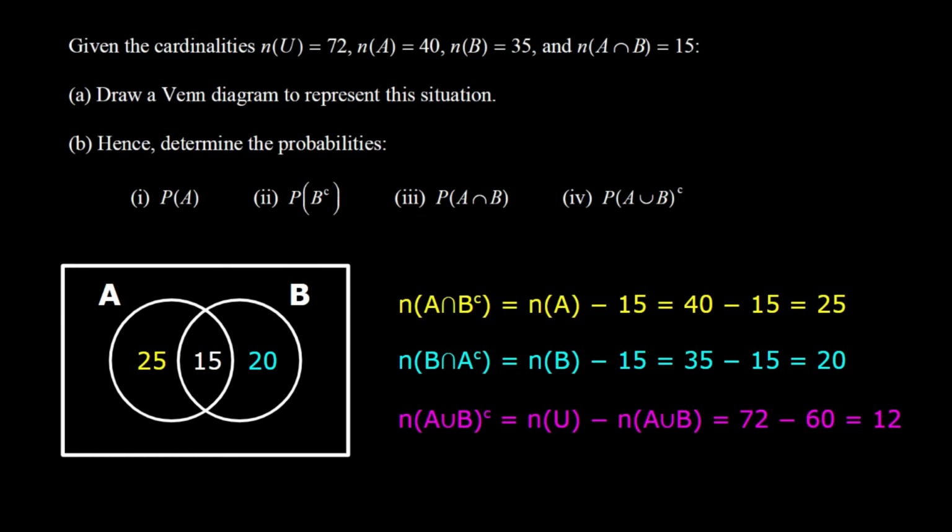That is the number of outcomes that aren't in the union, or aren't in any part of those two circles. Of course, that'll be the number of outcomes in our universal set, or sample space, minus any of those numbers that are inside your circles, or just 72 minus 60, which is 12. And now we have our Venn diagram complete, and now we can move on to calculating our probabilities.